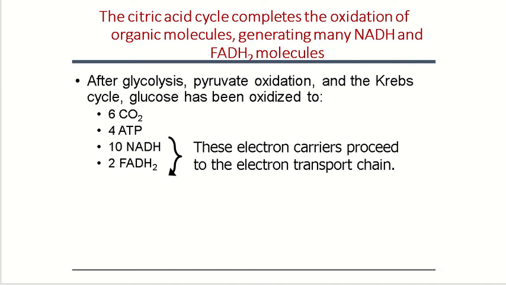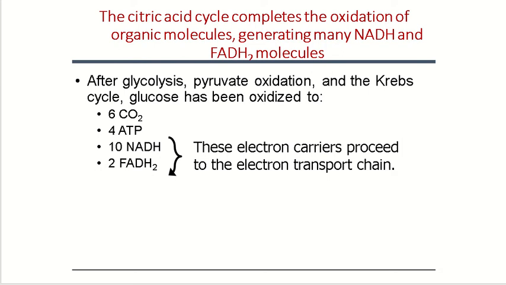Complete oxidation of the energy source, in this case, glucose. Now, since glucose has been completely oxidized, some of you may think that the process of cellular respiration is now done, right? It's now complete.